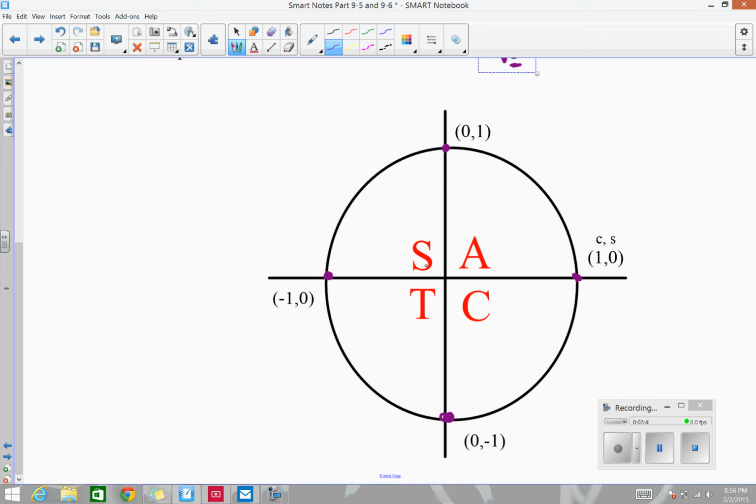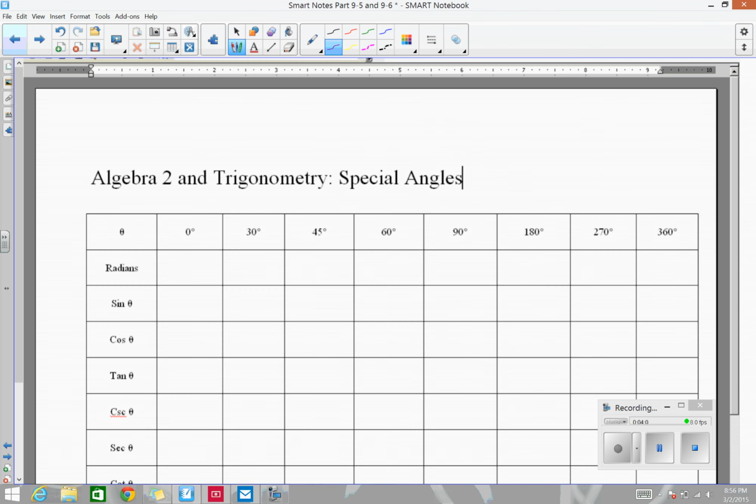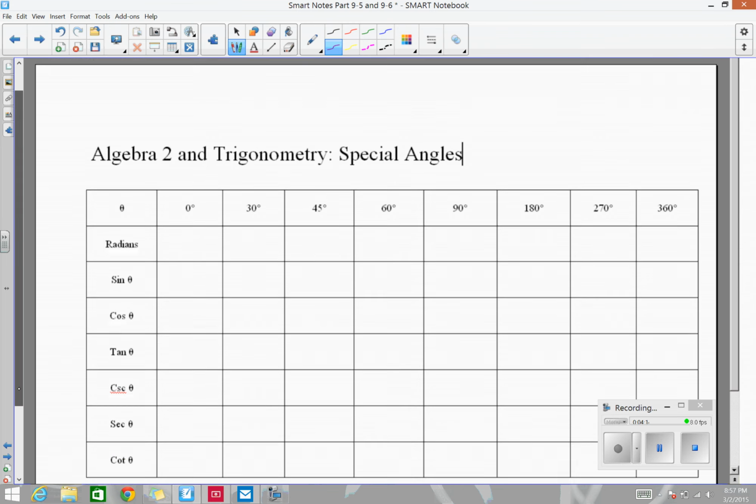ASTC, all students take calculus, telling you which ones are positive in which quadrant. So we're going to fill out this chart, and we're going to skip the radians for right now.